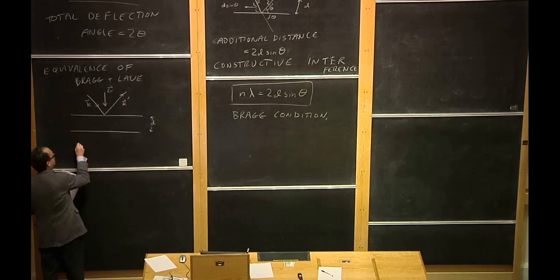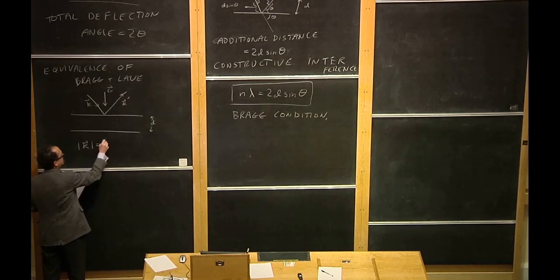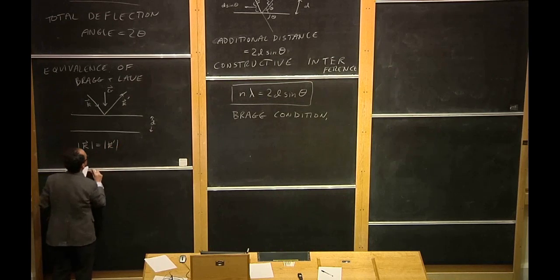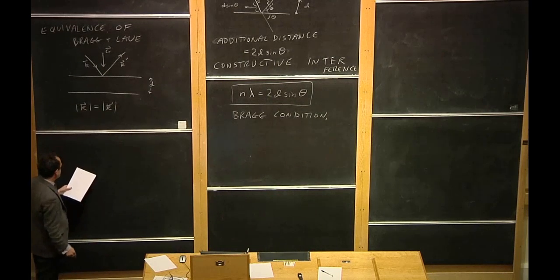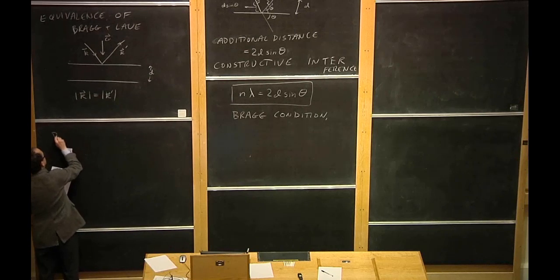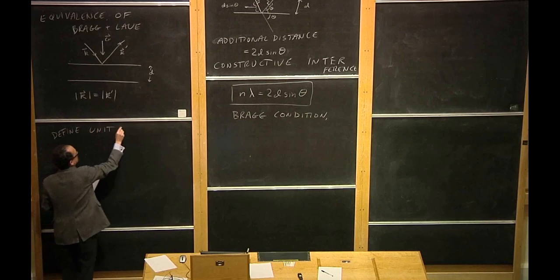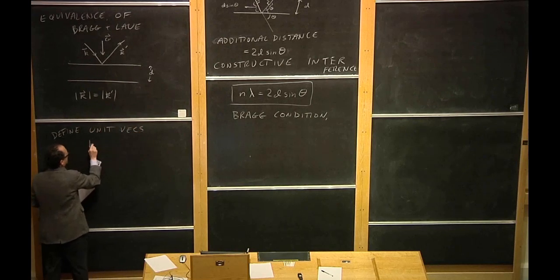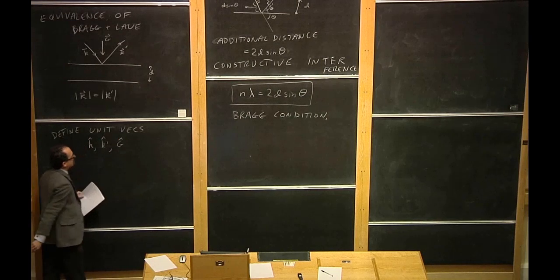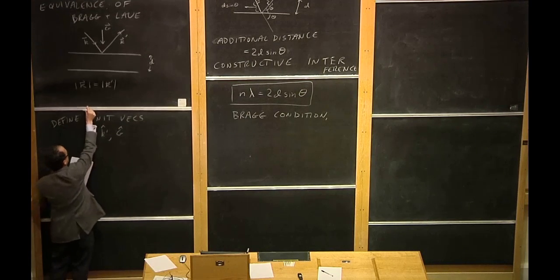Since we have elastic scattering, the magnitude of k and the magnitude of k prime are the same, and let's define some unit vectors, k hat, k prime hat, and G hat, to be pointing in the appropriate directions.